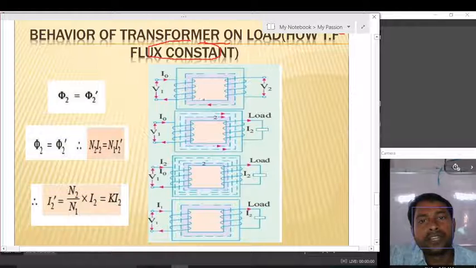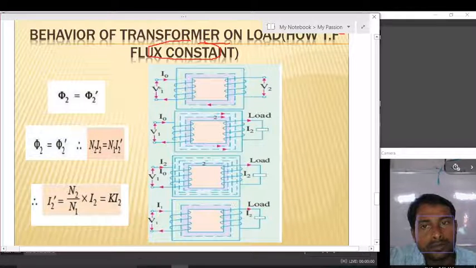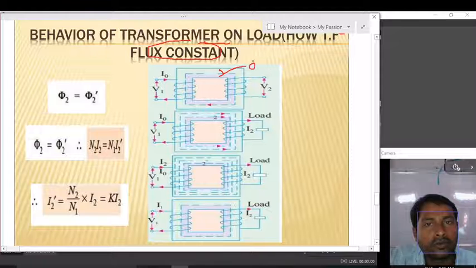Initially, at no load, the load is not applied. If the supply is given to the primary of a transformer, it draws I naught. I naught is nothing but the no load current, and it produces the phi naught flux in the transformer core.